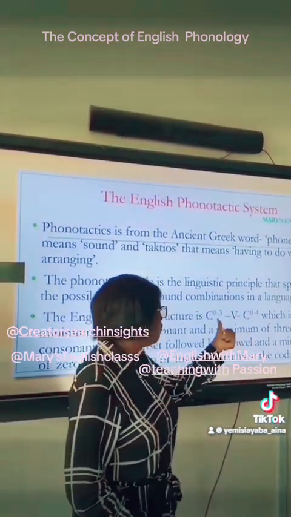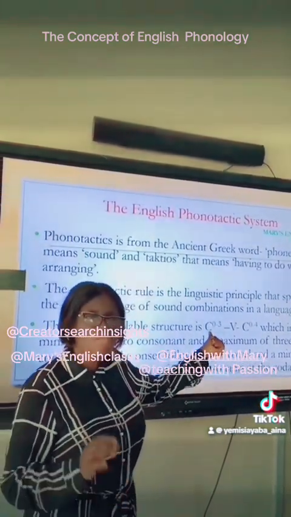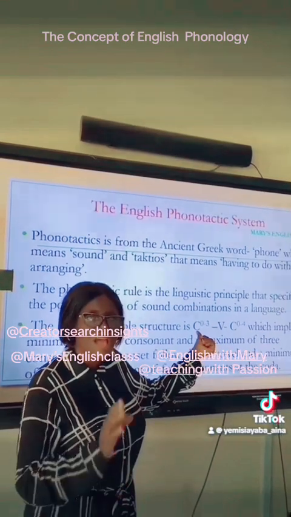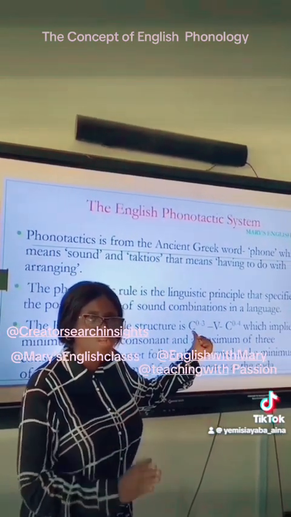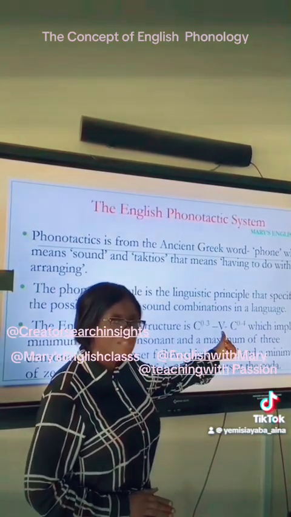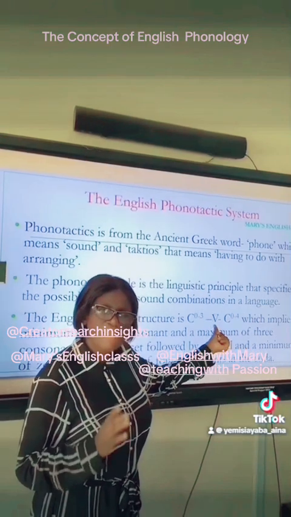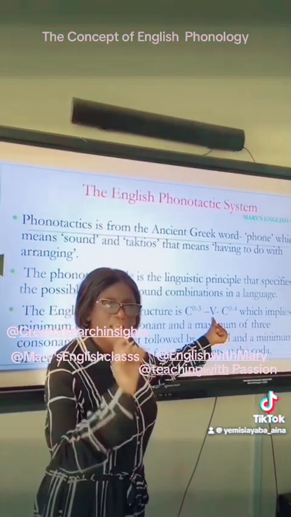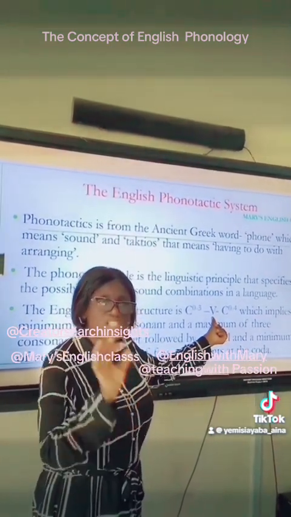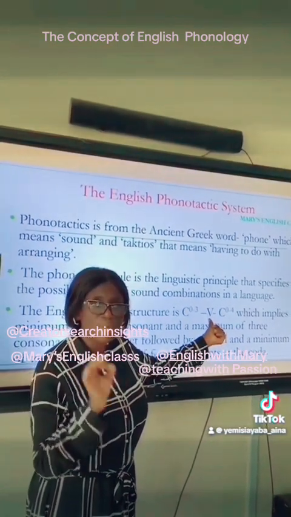So from here you can see that a consonant is not mandatory at the initial position of a syllable, whereas in a syllable there must be a vowel. What do we mean by a vowel? A vowel is the peak or the nucleus of a syllable, and it is mandatory that a syllable must have it.